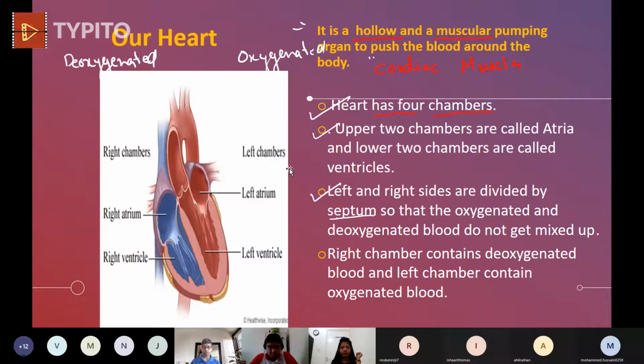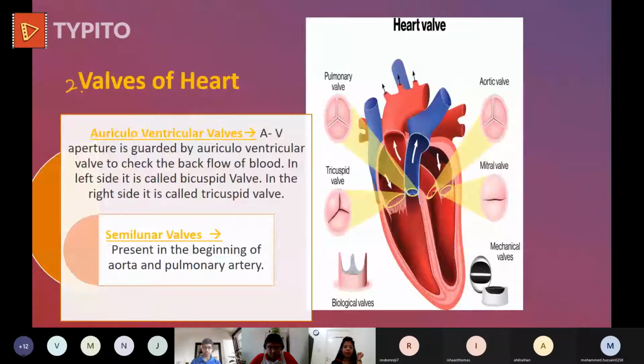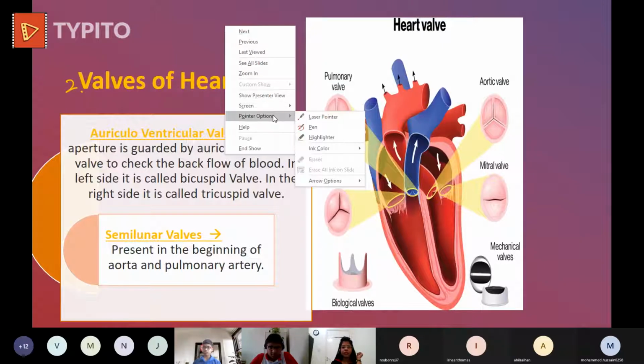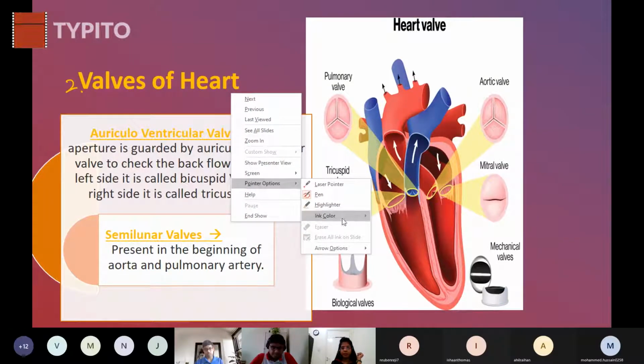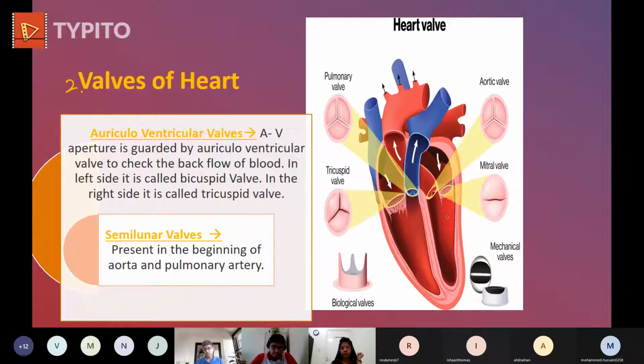All right, now we are going to talk about another valve which is called the semilunar valve. So what is the meaning of lunar? Lunar means related to the moon. Semi means half. So semilunar valve means the valve which will have a half moon structure. So where is it present?